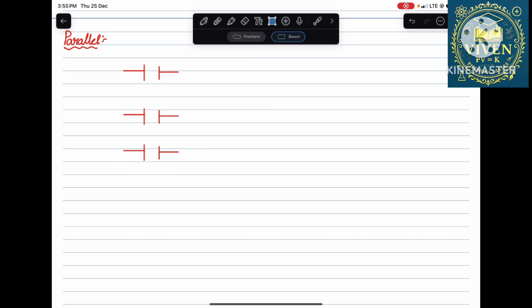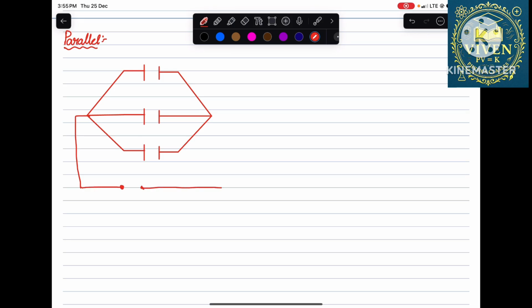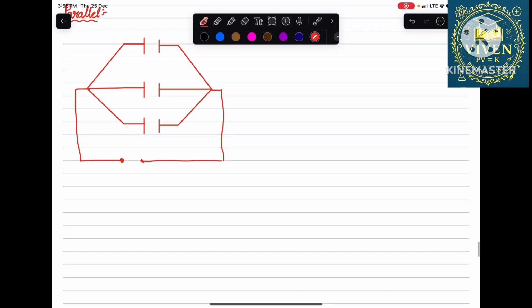So now we have three capacitors connected in parallel as shown. Since each capacitor has a different path connected to the source, the charge passing through will get shared.